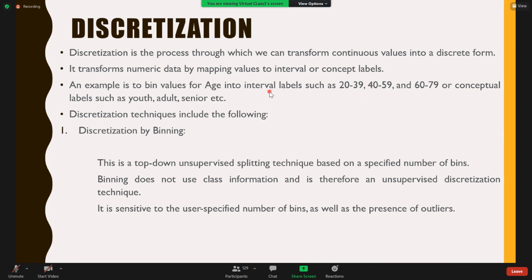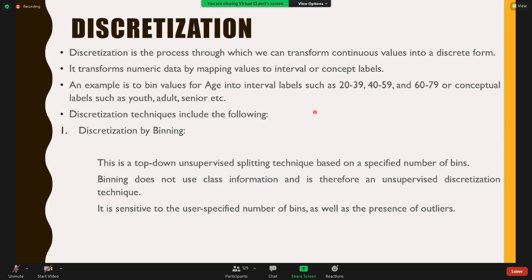It will transform the numerical data by mapping them to some interval labels or concept labels. For example, if you have the age attribute, you can map it into interval labels such as 20 to 39, 40 to 59, 60 to 79, or even conceptual labels such as youth, adult, senior, etc. Age is continuous values, you'll be having 1, 2, 3, 4, so many values will be there.